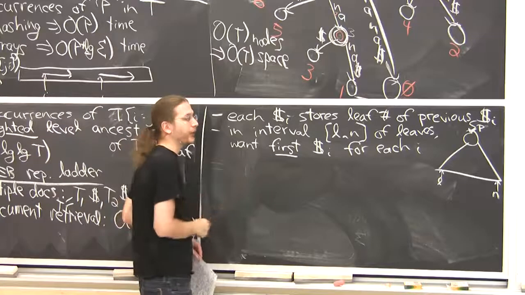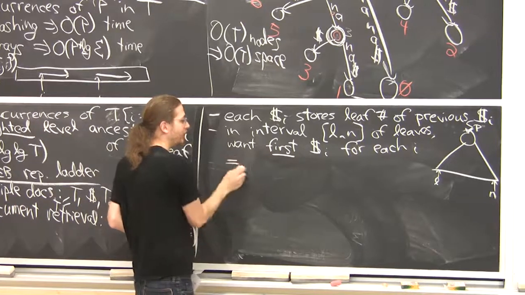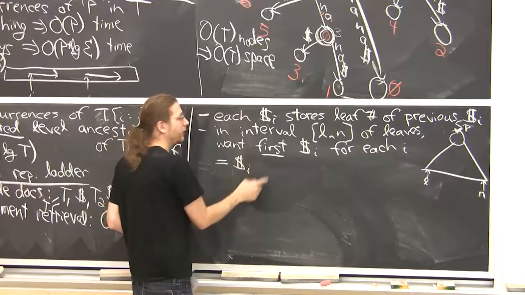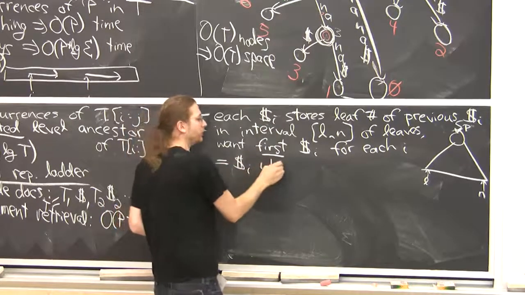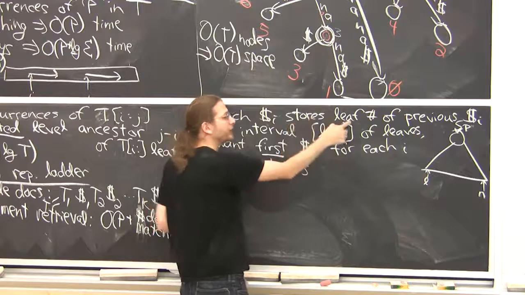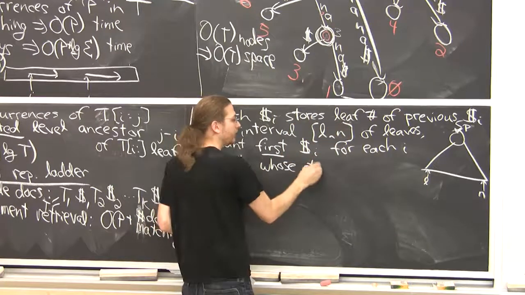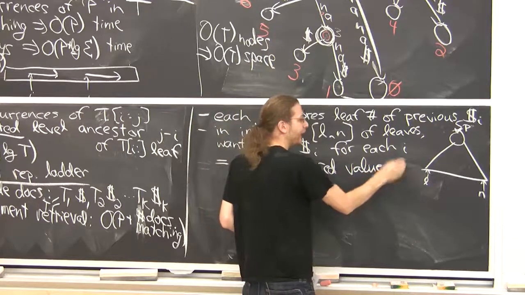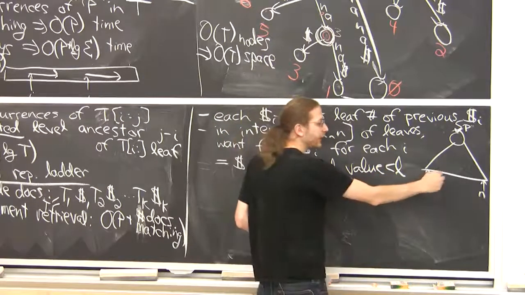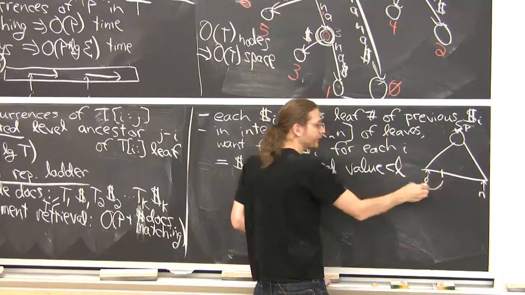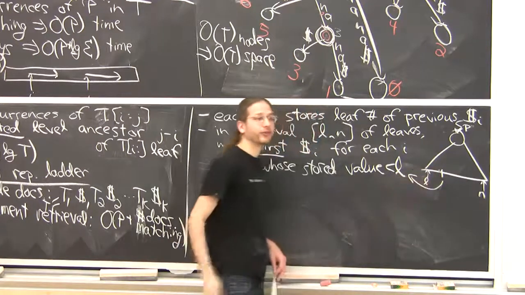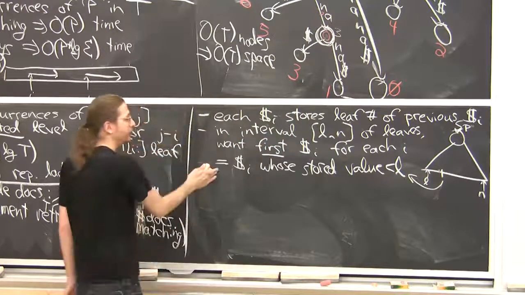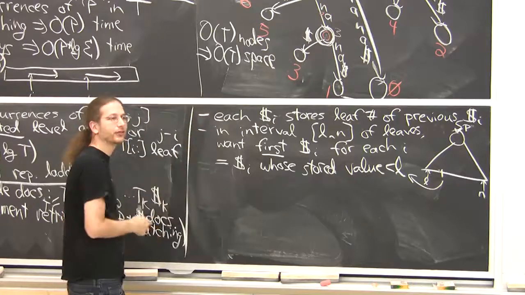Now, one way to define the first $i is that it's a $i whose stored value, we said we store the leaf number of the previous $i, is less than L. If the previous guy, so we find some position here, if the previous guy is less than L, that means it was the first of that type. Okay, so that's just, if we store this, that's the definition of being first.